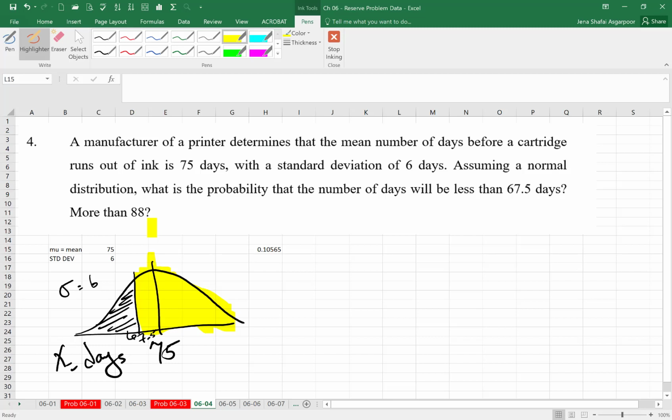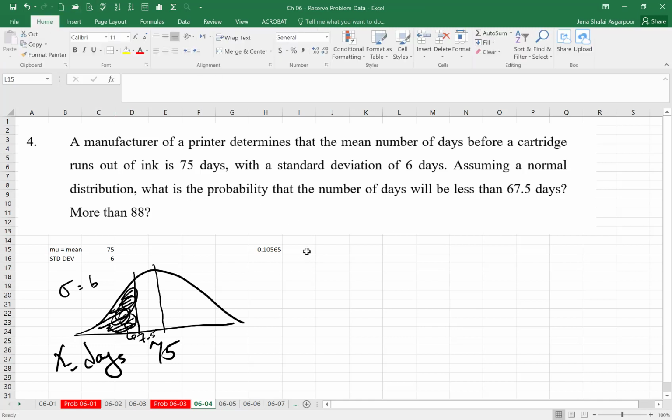But for now, this is what we were interested in, this area right here. So this is the probability of x being less than 67.5.